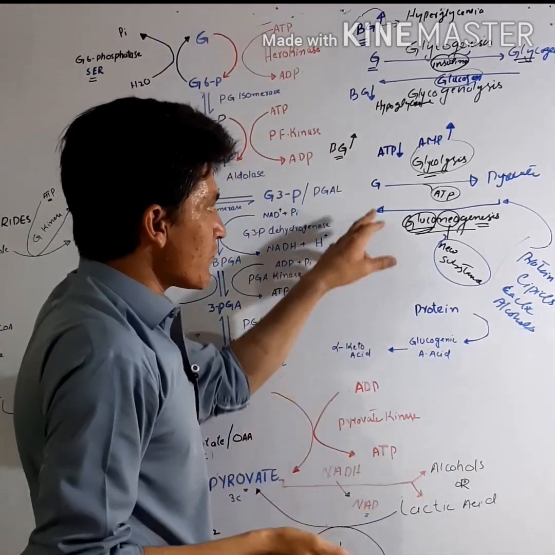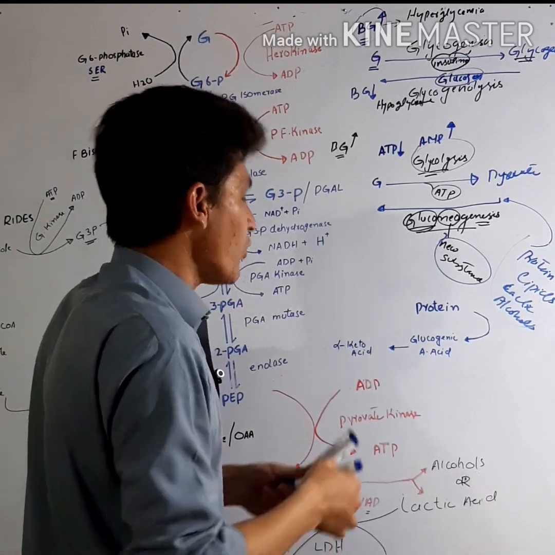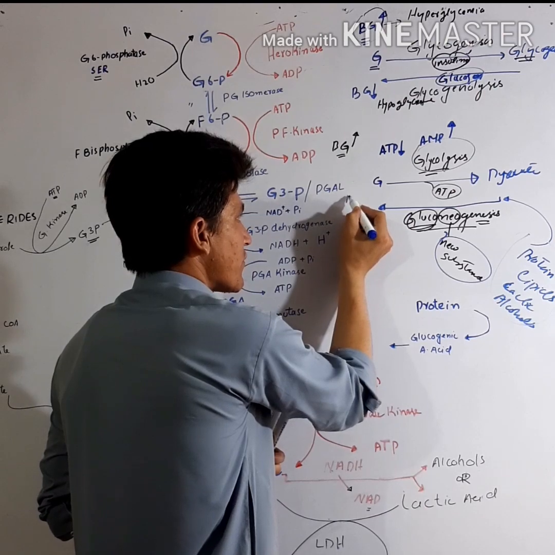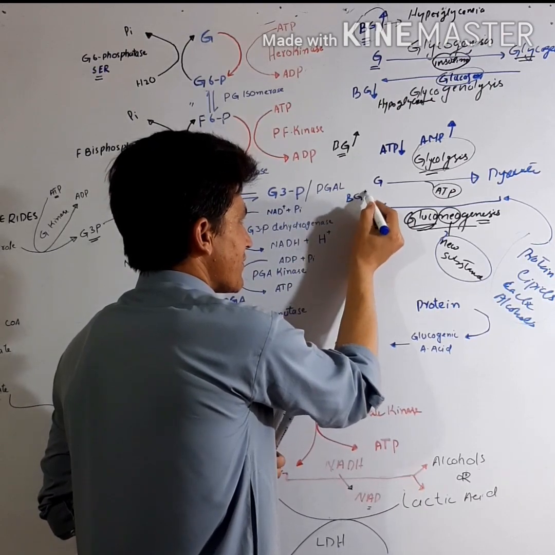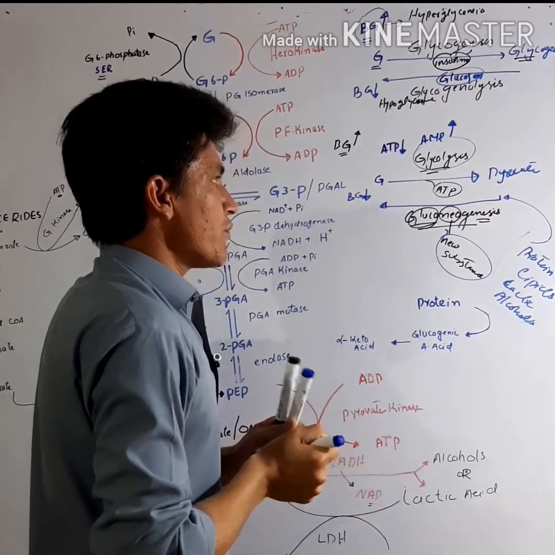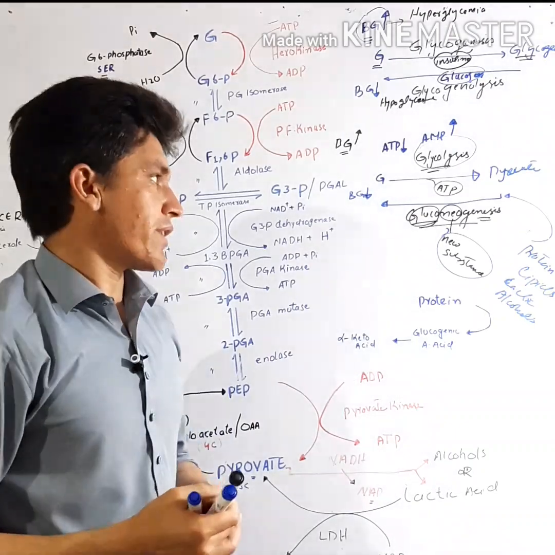So these can be converted into glucose when the blood glucose level is lower than the normal, then gluconeogenesis occurs to synthesize or prepare glucose to normalize the blood glucose level.